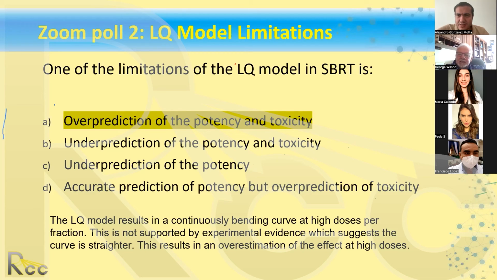Now, as I didn't write this question, I'm not sure that the concept of toxicity is really described in what we've just said. So I think it's a bit of a tricky question to actually answer. Once if you overestimate the potency, which it definitely does, it's going to give you more cell kill for the same dose than the multi-target model.